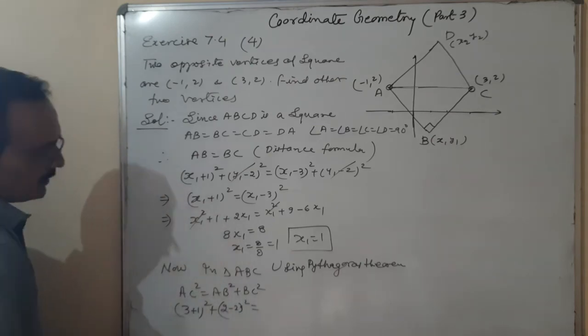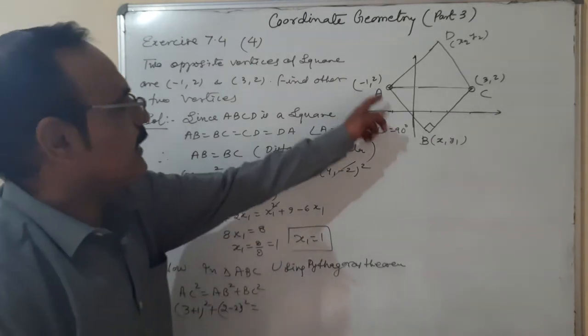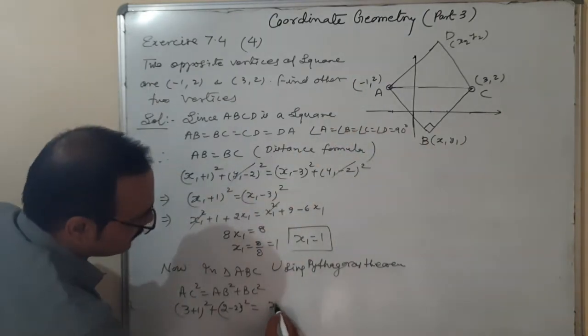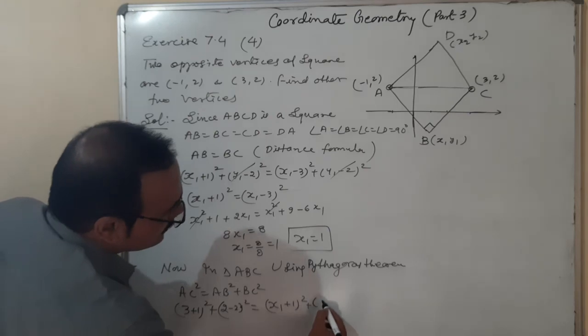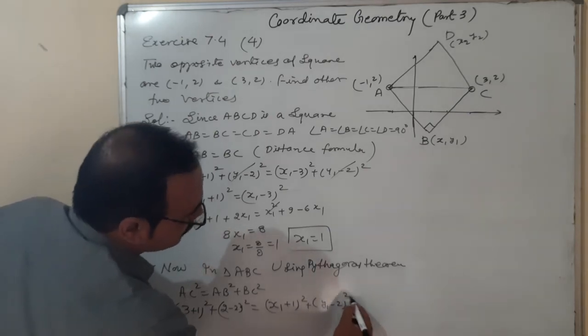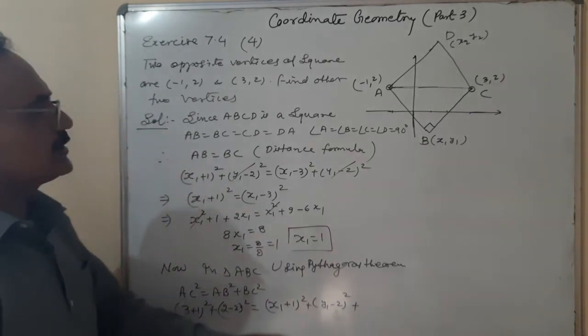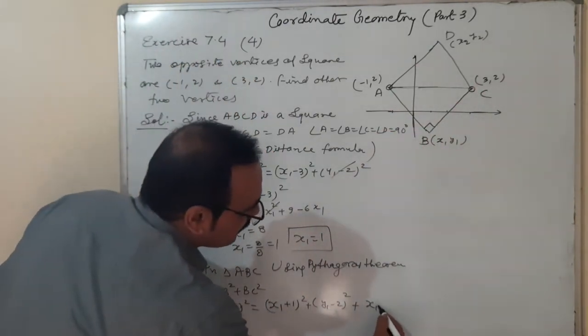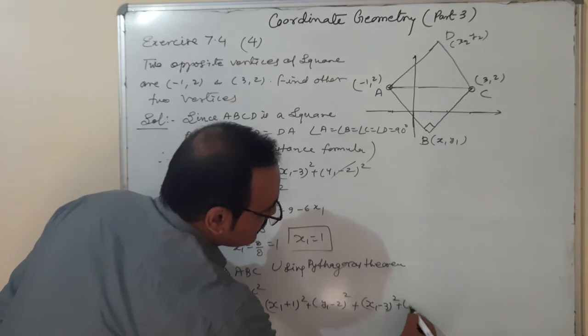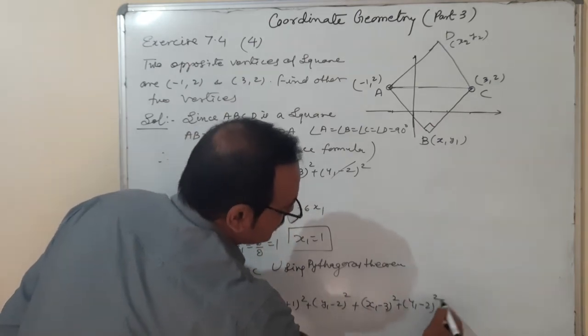This is AC square is equal to AB square, which is (x1 plus 1) whole square plus (y1 minus 2) whole square, plus BC square, which is (x1 minus 3) whole square plus (y1 minus 2) whole square.